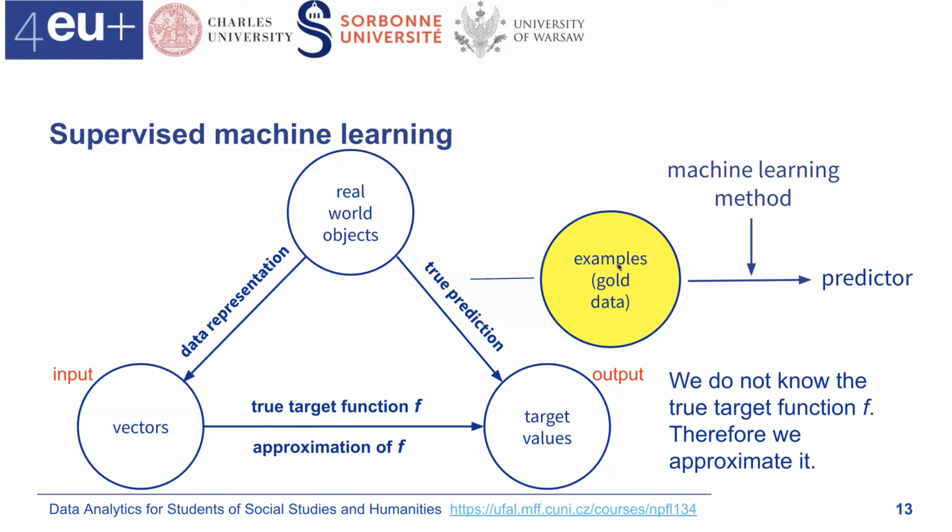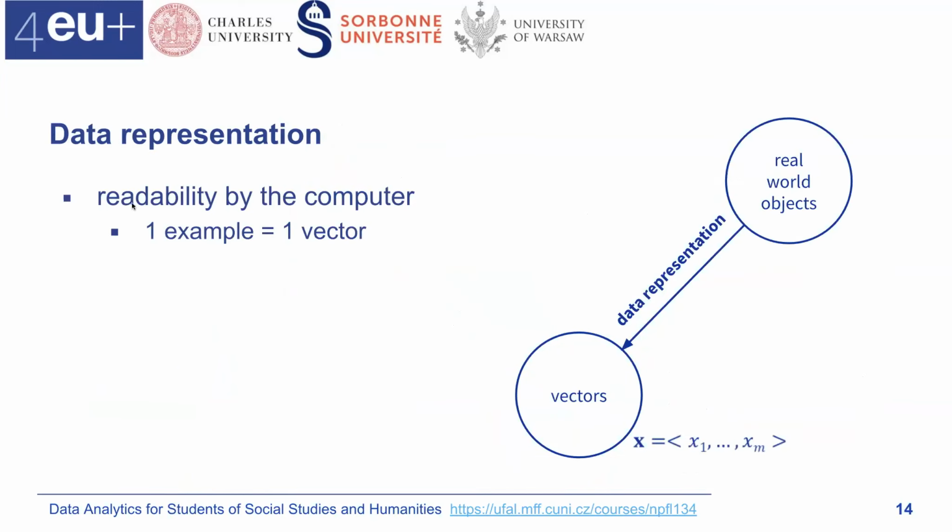Data representation is the way we feed computers with real-world objects, and each example is represented by one vector.